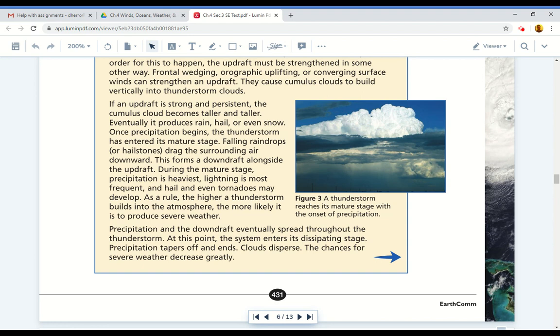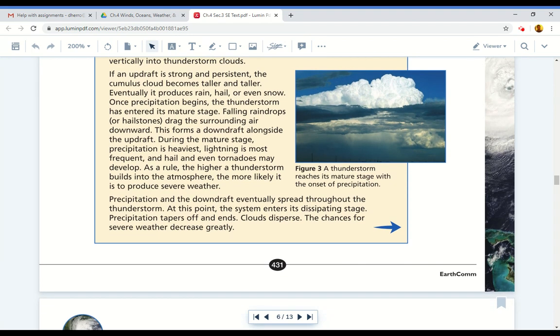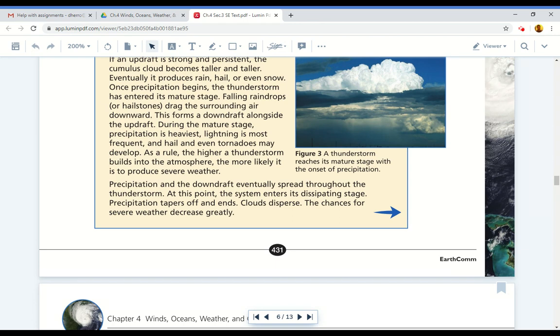They cause cumulus clouds to build vertically into thunderstorm clouds. If an updraft is strong and persistent, the cumulus cloud becomes taller and taller. Eventually, it produces rain, hail, or even snow. Once precipitation begins, the thunderstorm has entered its mature stage.